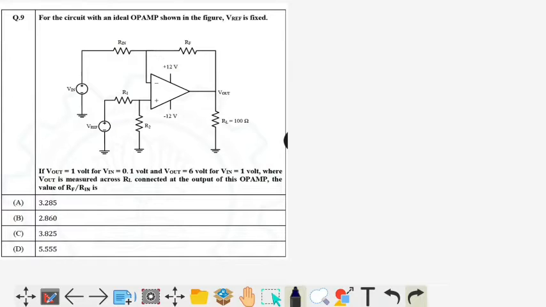For the circuit with an ideal op-amp shown in the figure, Vref is fixed. If Vout is equal to 1 volt for Vin equal to 0.1 volt, then Vout is 6 volts for Vin equal to 1 volt.